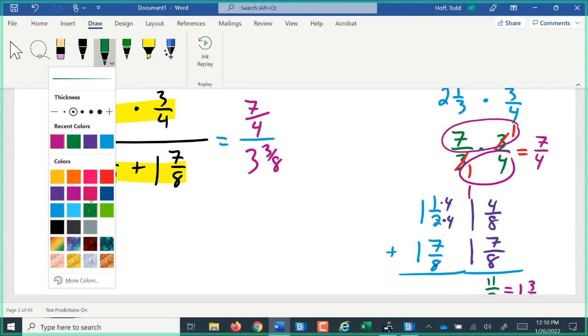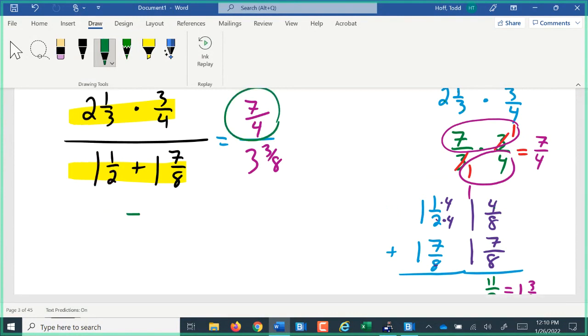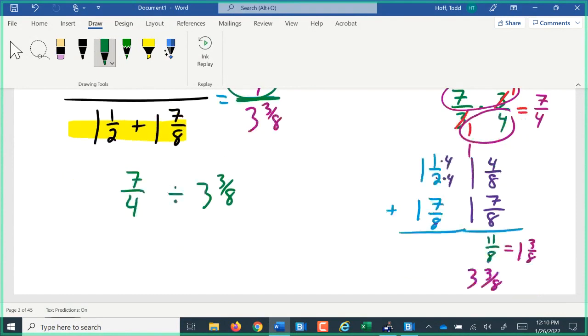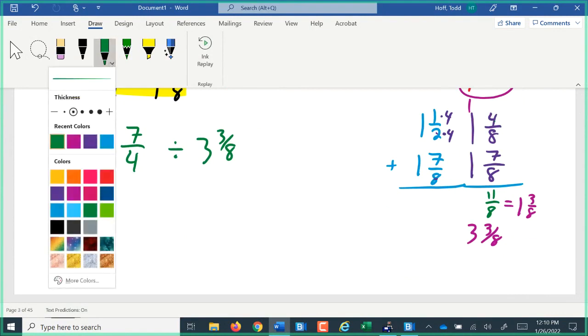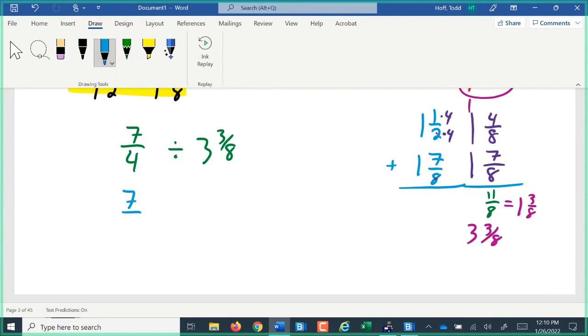So I have 7/4. And remember that fraction bar means division, so it's just divided by 3 3/8. Now I left the 7/4 as an improper fraction, so I don't need to change that. But I do have to make the 3 and 3/8 into an improper fraction. 3 times 8 is 24, plus 3 is 27, so 27/8.